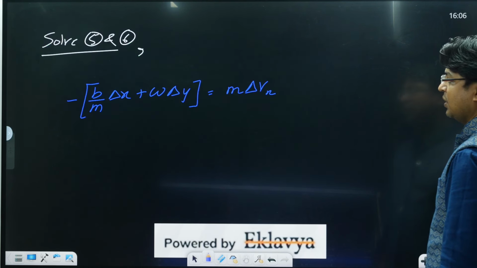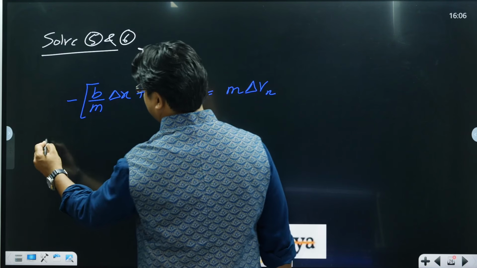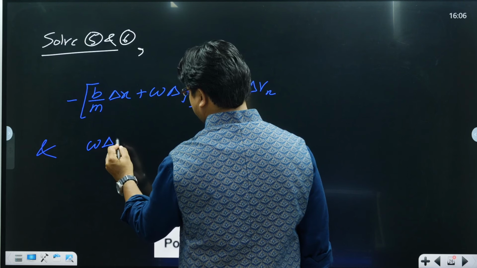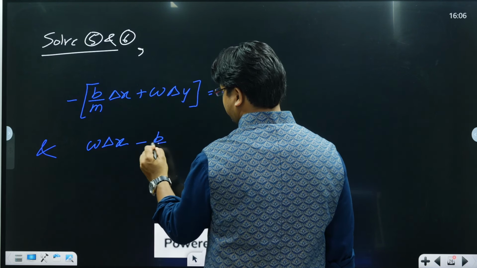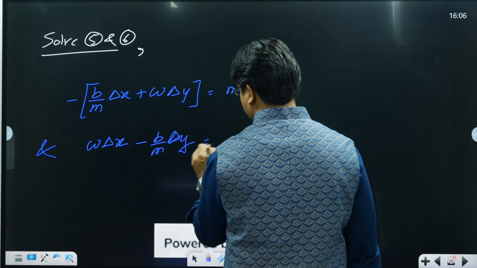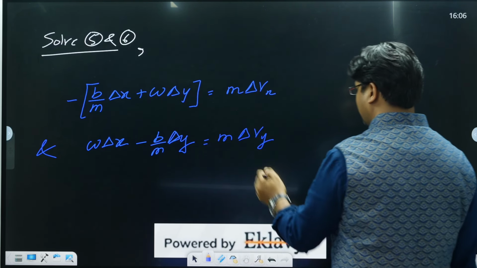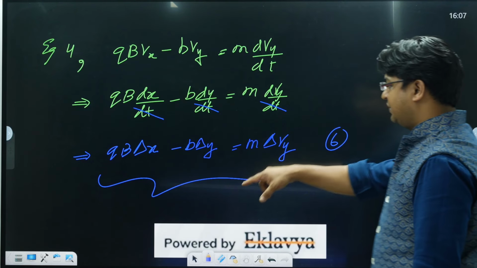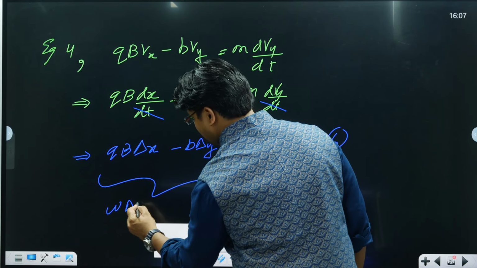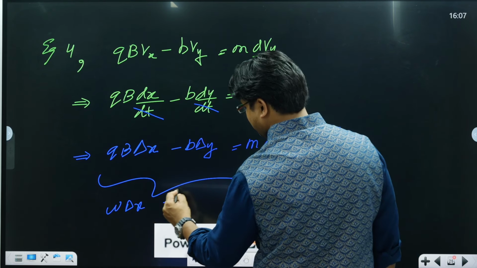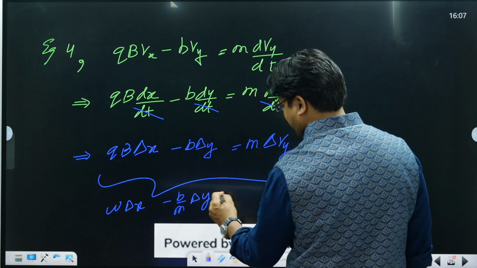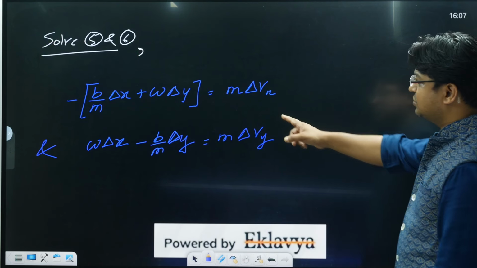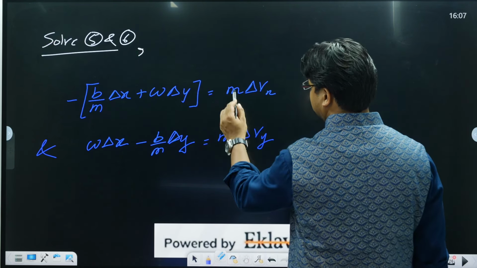And the other equation is omega delta x minus B by M delta y is equal to M delta Vy. Again, let me go back and check. QB delta x, so we divide the entire equation by M, and we get omega delta x minus B by M delta y is equal to delta Vy. So the M is not there, sorry. This M won't be there.